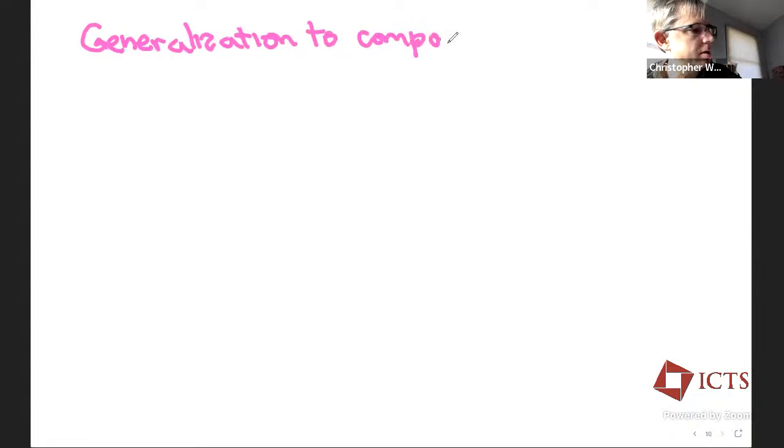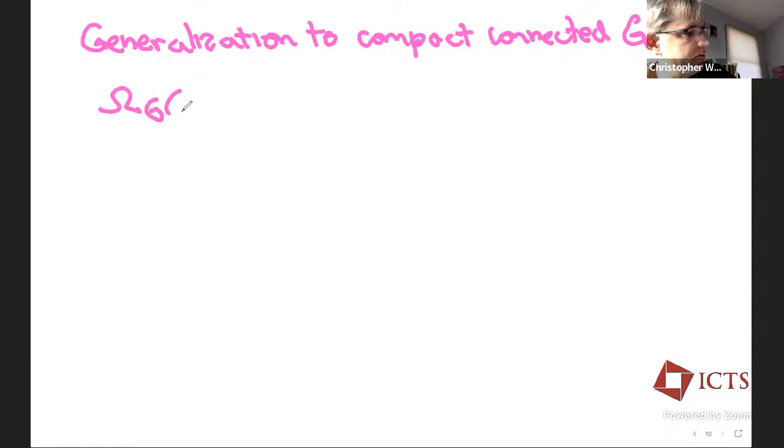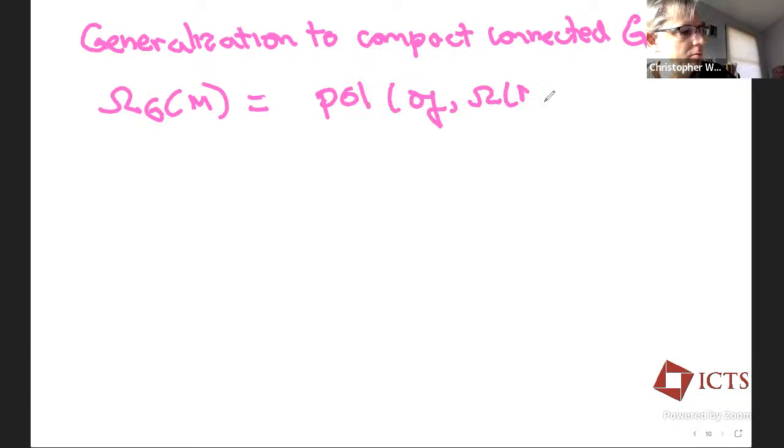So what's the generalization now to compact connected Lie groups G? Well, I define the space of equivariant forms to be the space of polynomial maps from g to forms on M, which are G invariant.